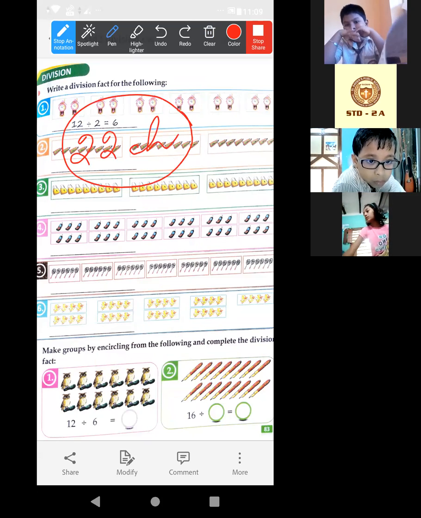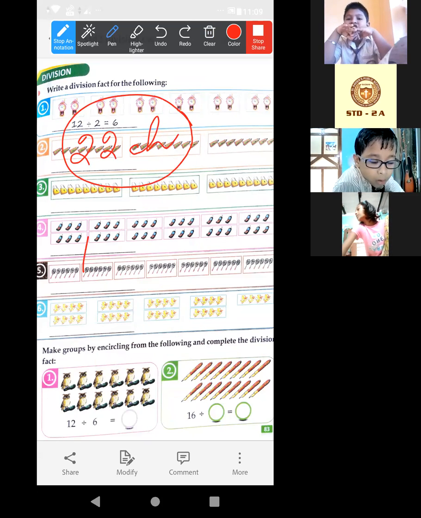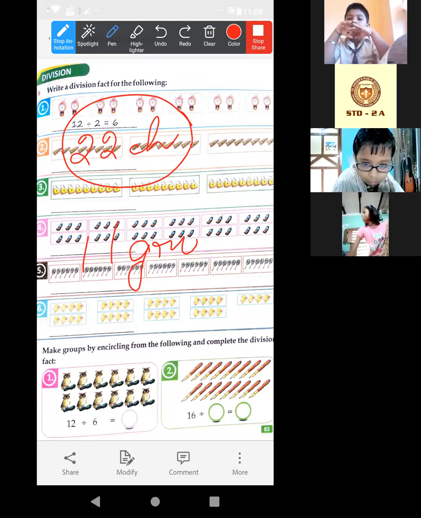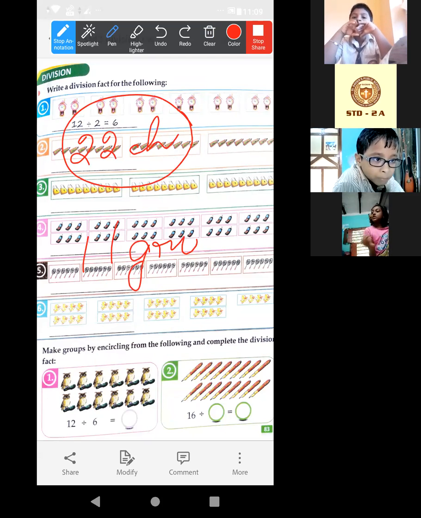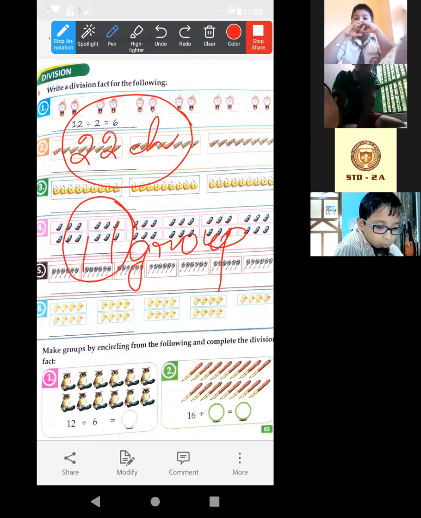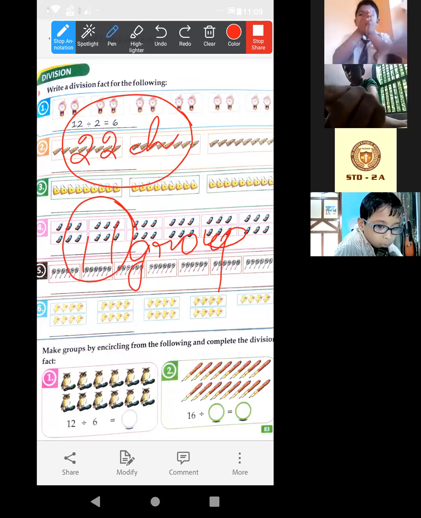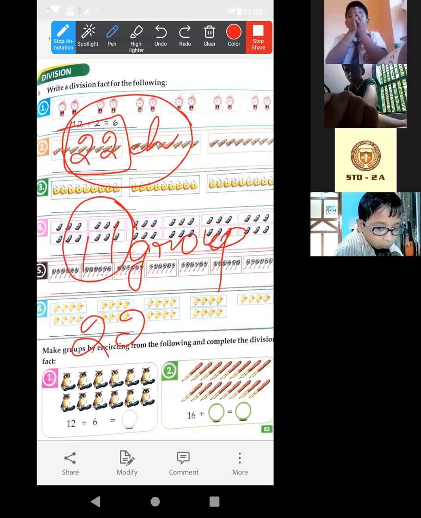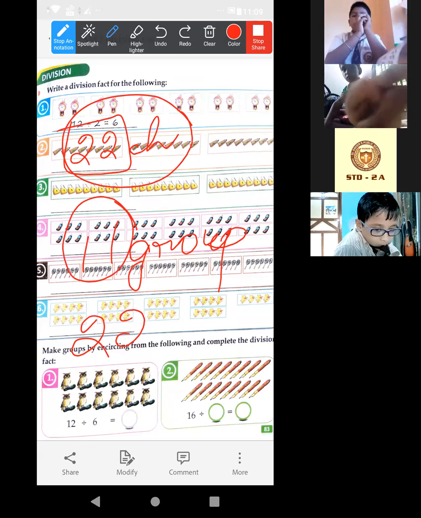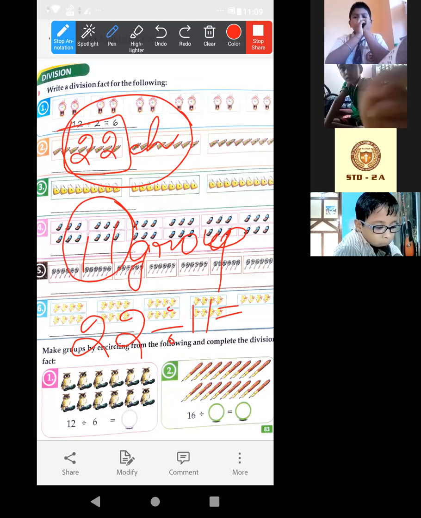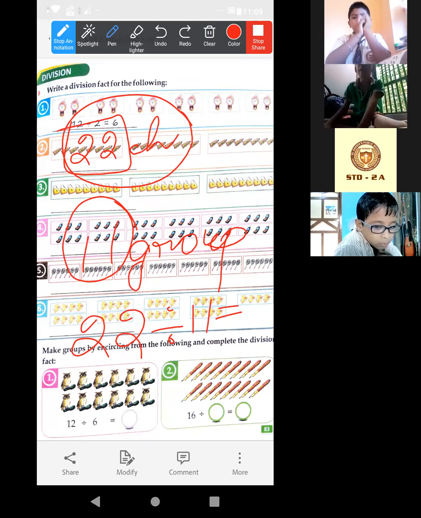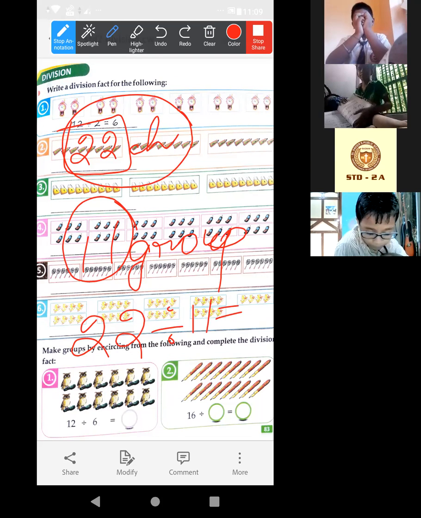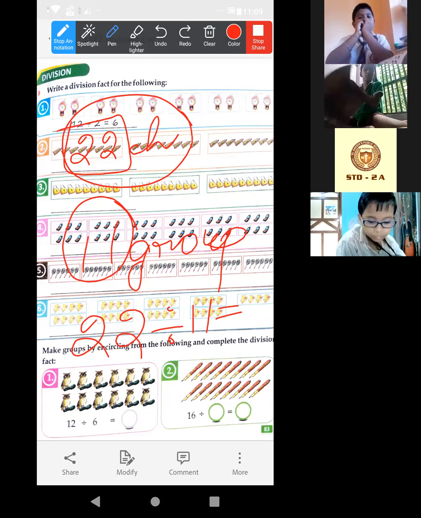In how many groups do we have to divide? 11. Then just divide this 22 by 11. Now we can easily find out कि how many chocolates are there in each group. क्या कि एक ग्रुप में कितना चॉकलेट है.